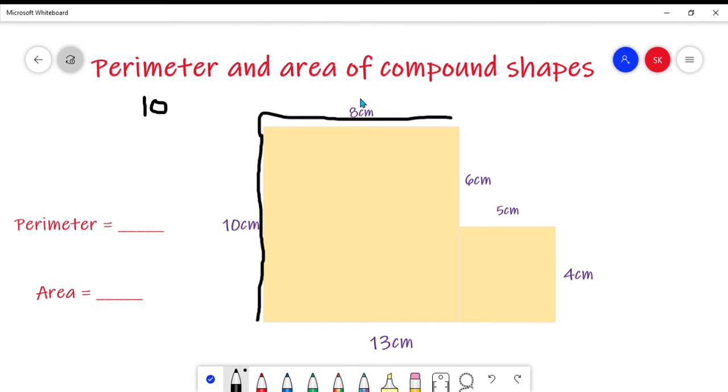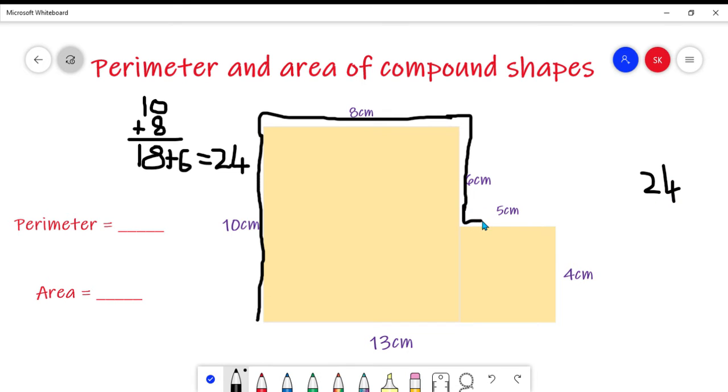So 10, now we've got 8, plus 8 gives us 18. Now carry on going round, 6 centimeters. Let's add 6, which gives us an answer of 24. Let's write here, we have a bit more space there.